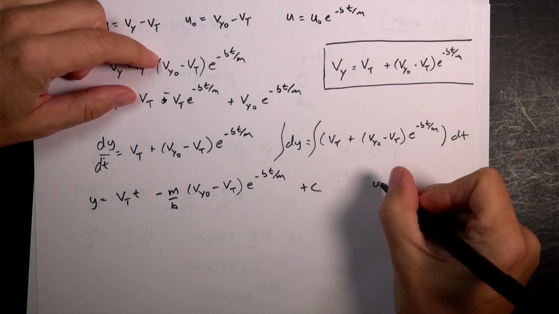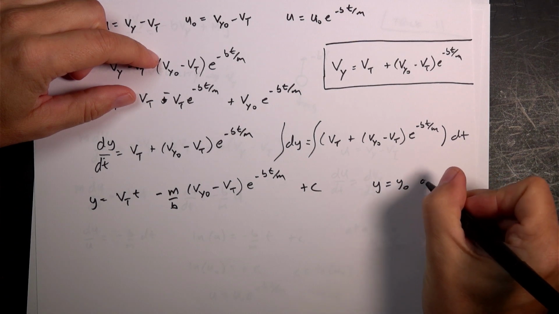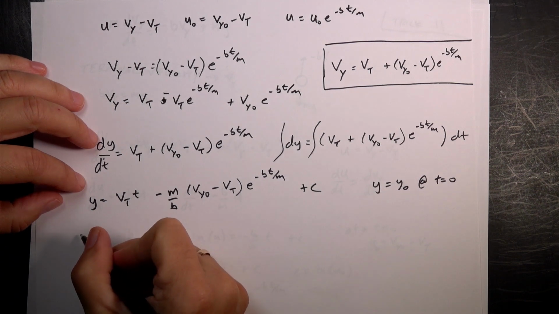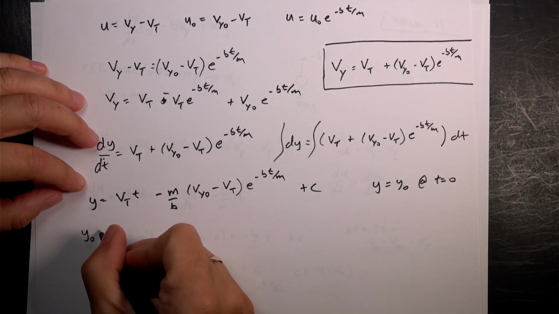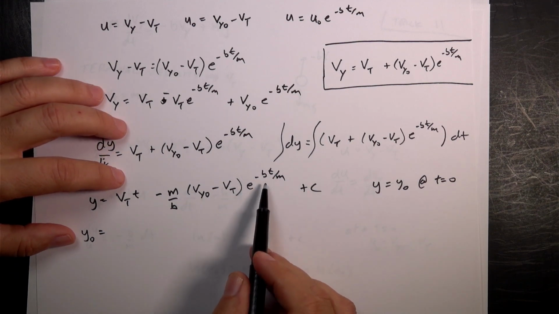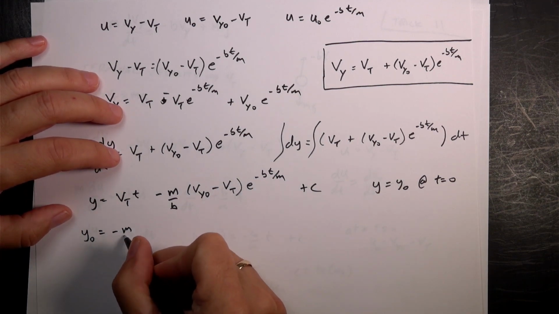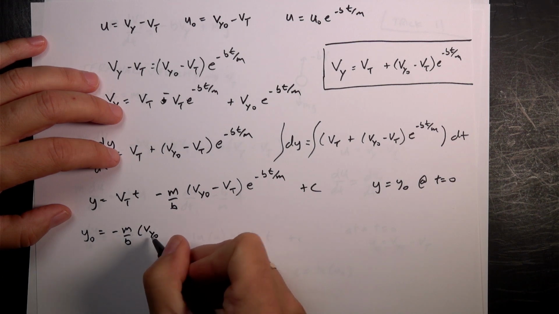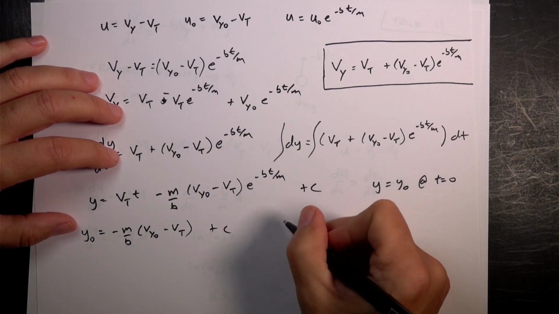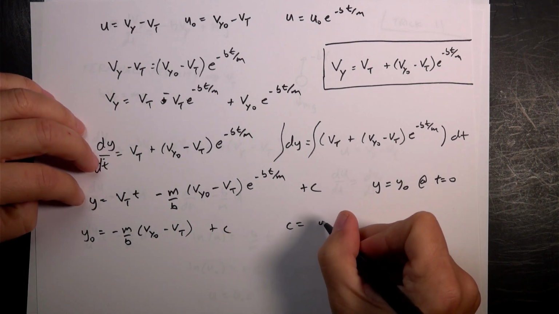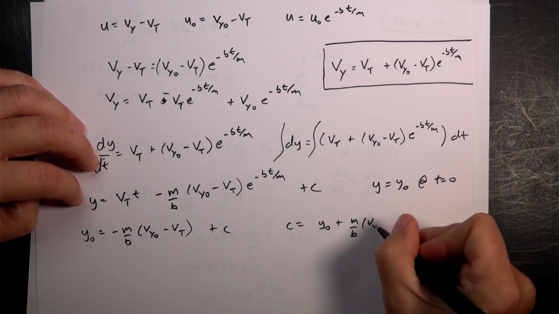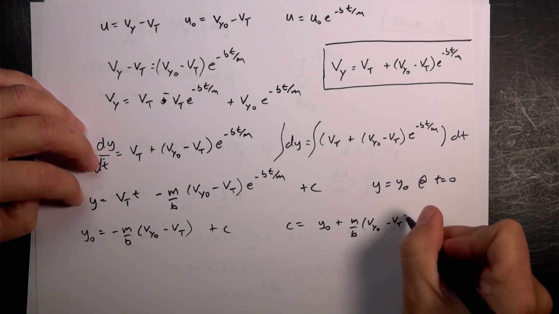Okay, then y equals y0 at t equals 0. So if I plug that in, I get y0 equals vt times 0, which is 0. And then this exponential term is just going to be 1, so I get minus m over b (vy0 minus vt) plus c. So c is going to be equal to y0 plus m over b (vy0 minus vt).